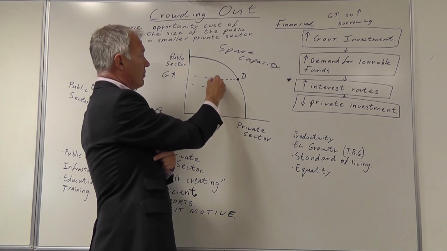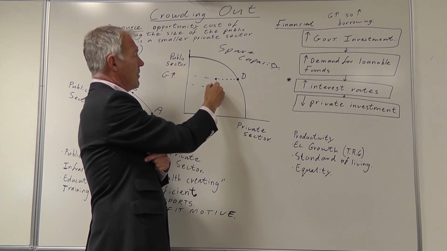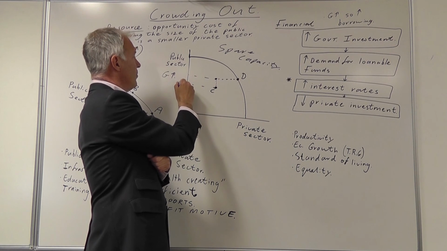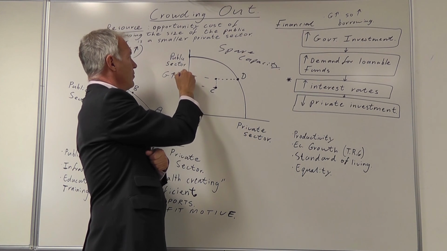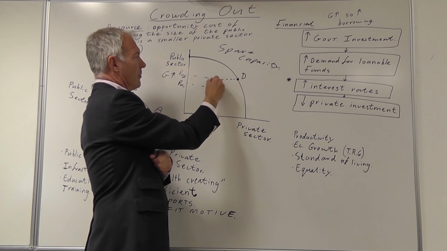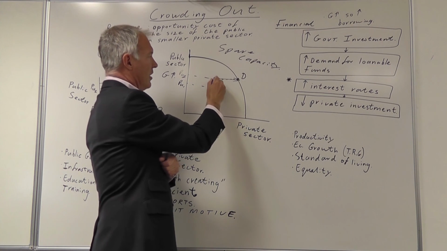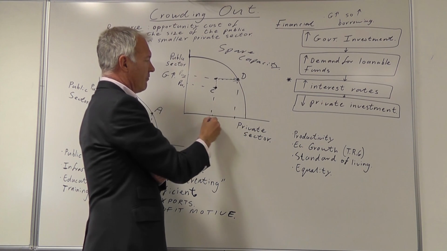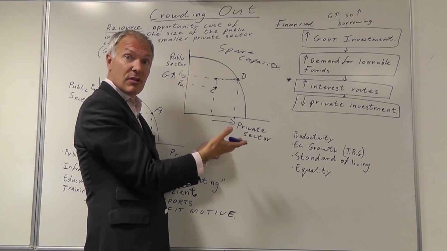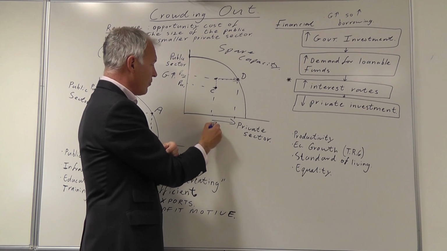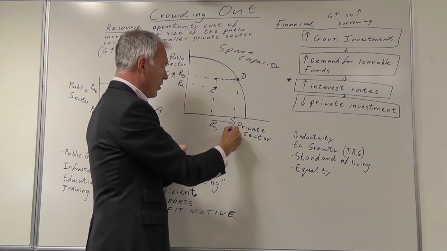So if we increase, say, public sector spending by 10 billion, okay, then we'll move from PU1 to PU2. But what will happen is there'll be a multiplier effect, and then this bit will be private sector expansion as a consequence, as we move from PR1 to PR2.